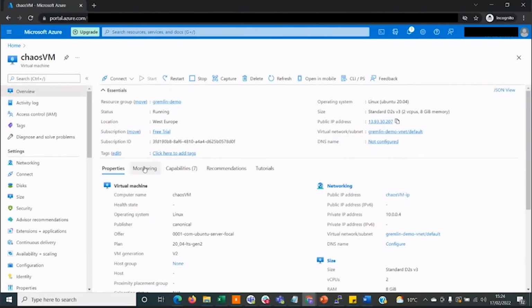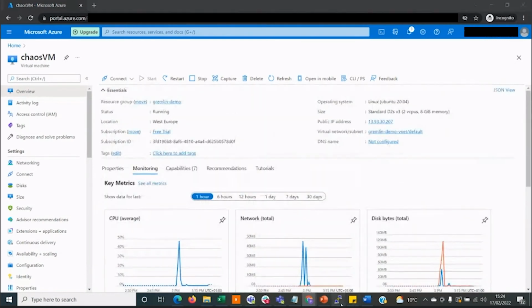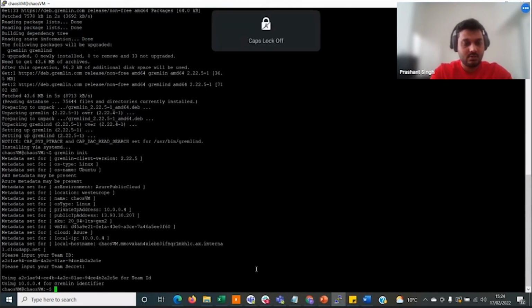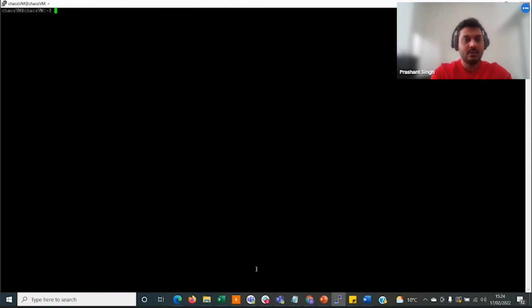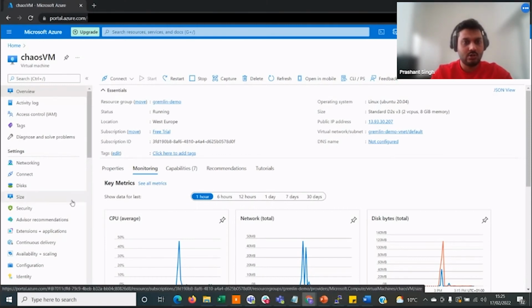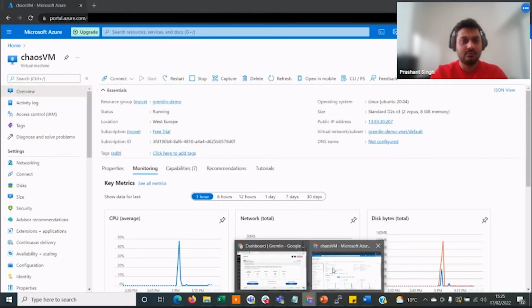If I go to the monitoring tab, so my hypothesis is, I have logged into this VM here. My hypothesis is, if I put load on this virtual machine, if I do some CPU attack on it, Azure Monitor should be able to detect that spike. That is my hypothesis.